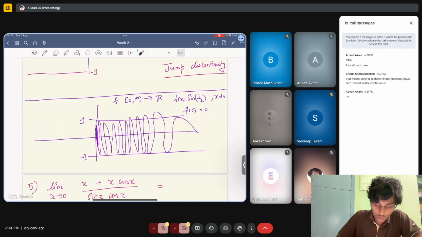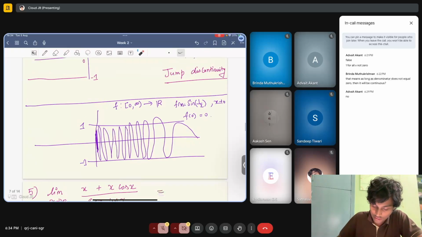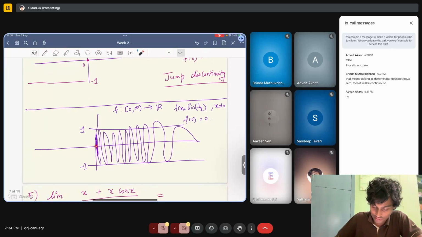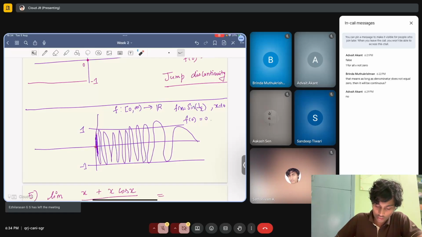Now if you look at this function, this is not a jump discontinuity, right? It's not that at this point you are jumping here or there. But on the other hand, it is not a removable discontinuity either, because near 0 your function is oscillating. So the limit here does not exist.